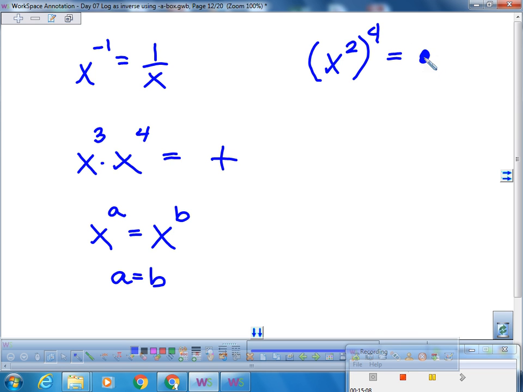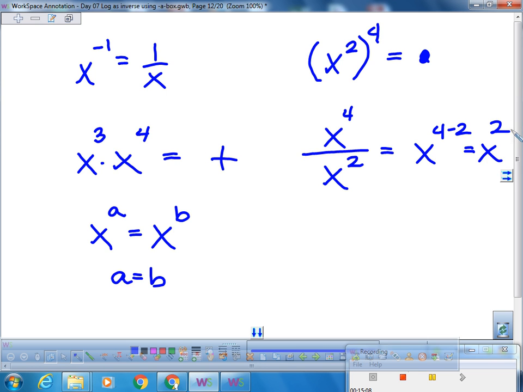And there's another one that we're going to use. What about this? X to the 4th over x squared. What do we normally do with that? What we're really doing is we're canceling out. Well, isn't canceling subtracting some away? So it's really x to the 4 minus 2.